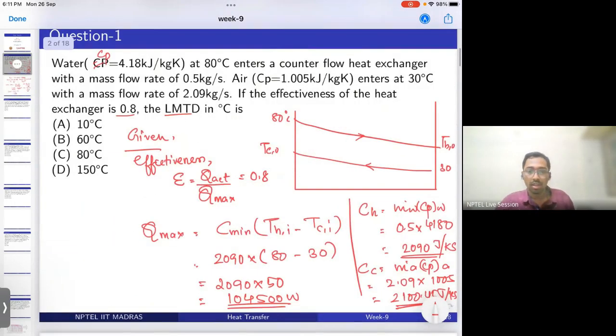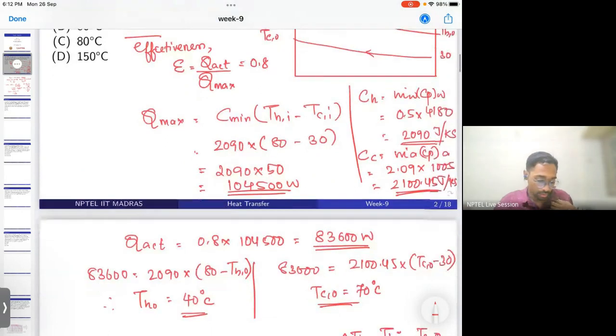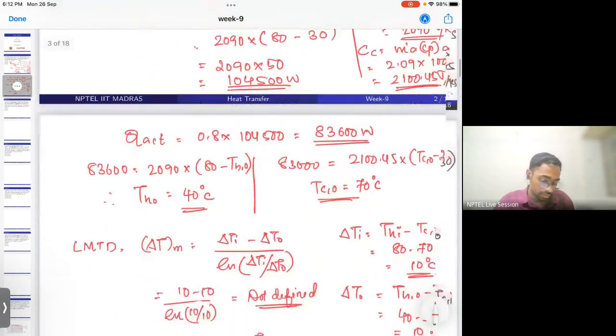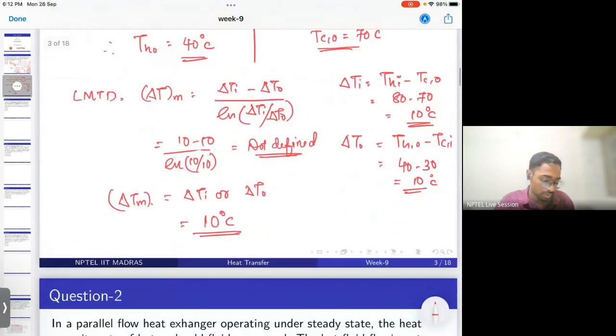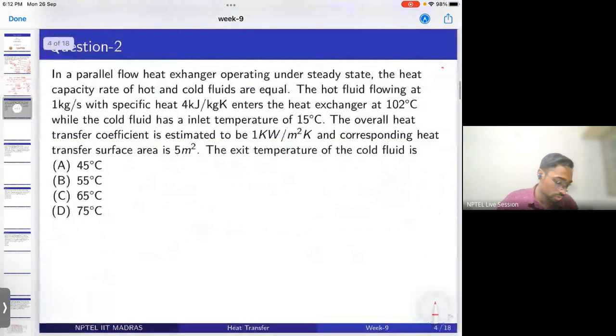So I hope this question was clear to you. Let's move on to the next question. So in this question, it's a parallel flow heat exchanger operating under steady state. The heat capacities of hot and cold fluids are equal.